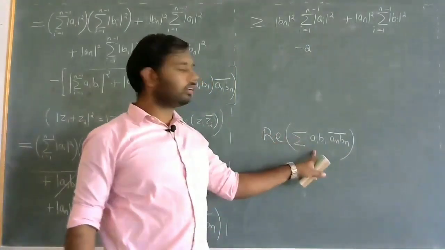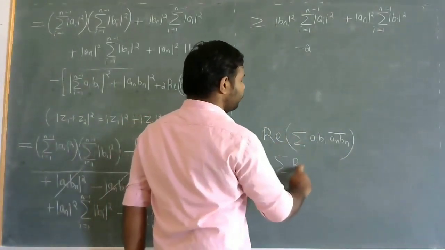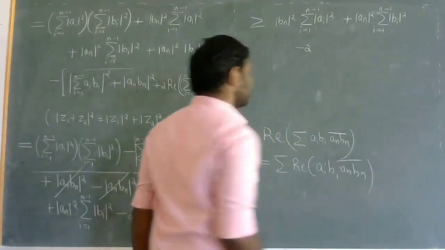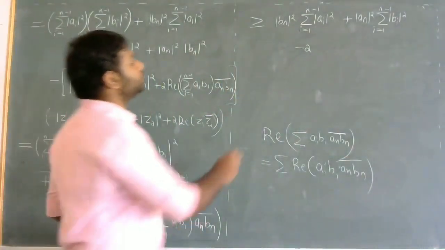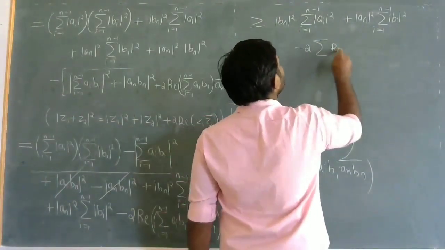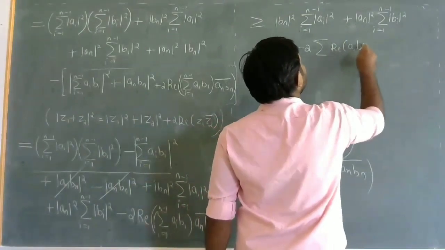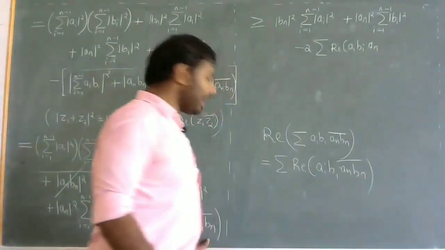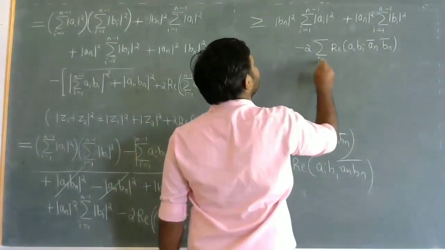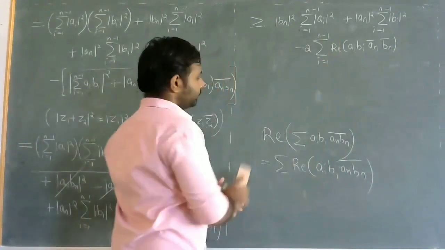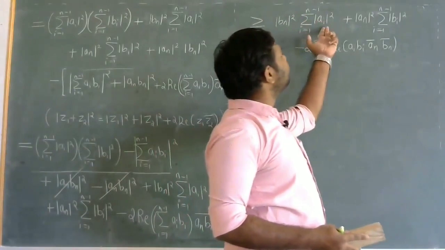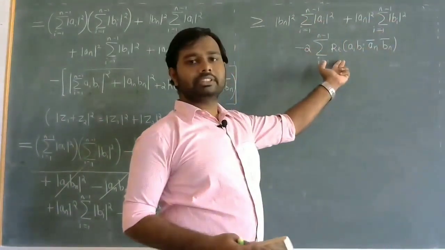That means we have the real part of the sum, and it will be the sum of the real part. So minus 2 into real part of the sum is the sum of the real part, that is ai bi, an bn whole bar. I can split it, an bar into bn bar, i running from 1 to n minus 1.